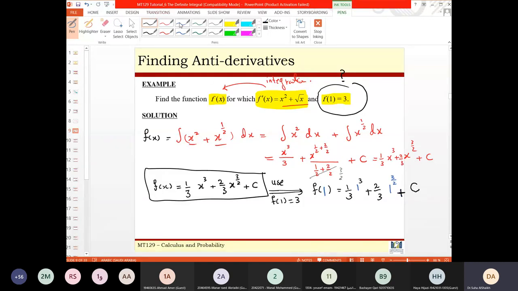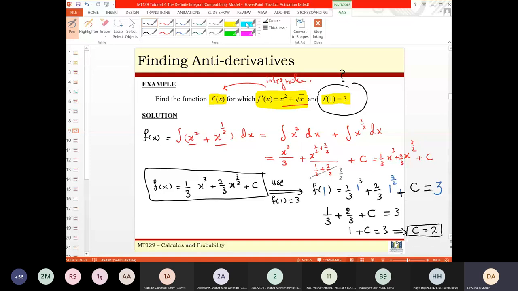And all of this equals 3. The y is the one with 3, meaning the value of all of this is equal to 3. Correct? 1 to the power 3 is 1, so I end up with a third. 1 to the power 3/2 is 1, so I end up with 2/3 plus the integration constant c, all equal to 3. So I will get 1/3 plus 2/3, which is 1, plus the c equals 3. This implies that the c is equal to 2.